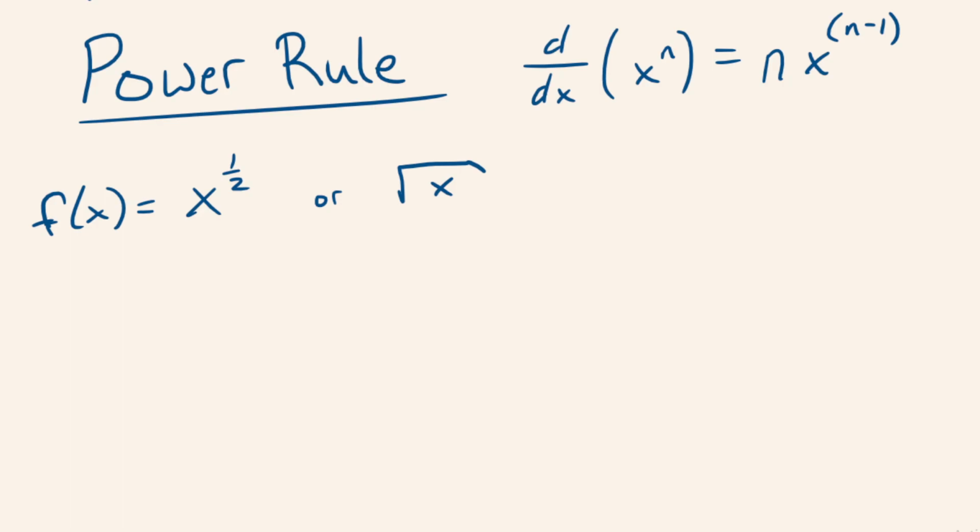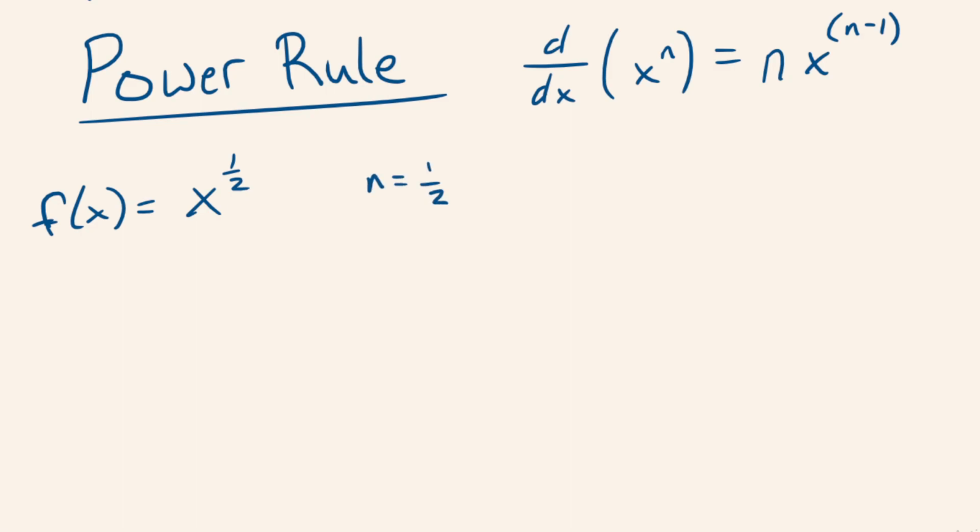A fraction as an exponent, the denominator of it is going to be what you are rooting it. So for example, if it's 1 over 3, then you're cube rooting it. And 4, then you are rooting it to the 4th. So this has the same idea.